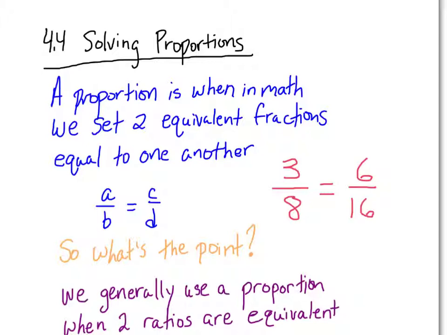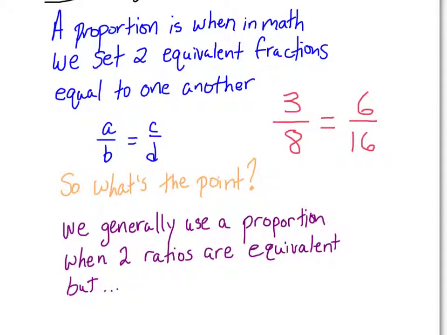So what's the point? Well, we really don't worry about setting two fractions equal unless we have two ratios that are equivalent, but you have three of four pieces of information.